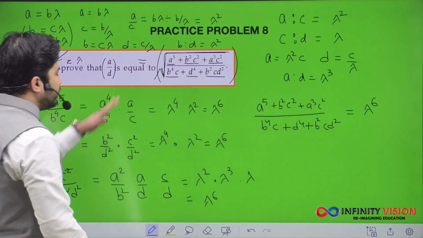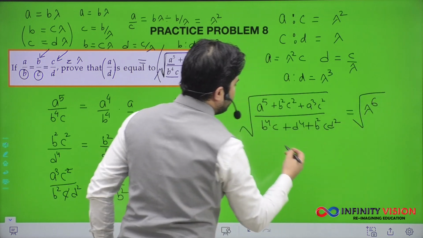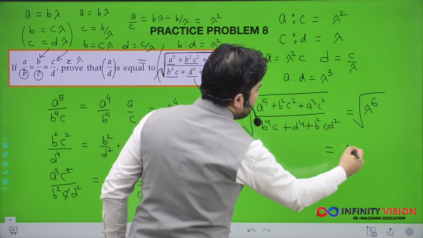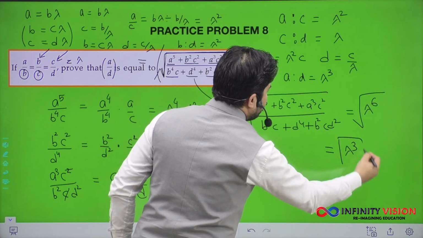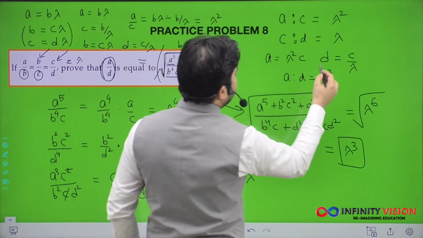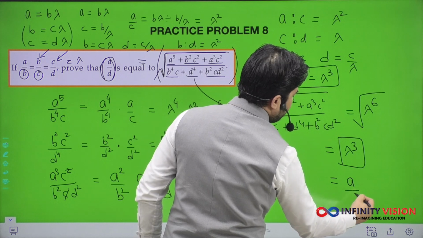And if I am going to find the square root, I'll just put root here and root here. So on the left hand side, this is my expression, and on the right hand side I got lambda cube, and lambda cube is equivalent to a by d, which we have already proved here.